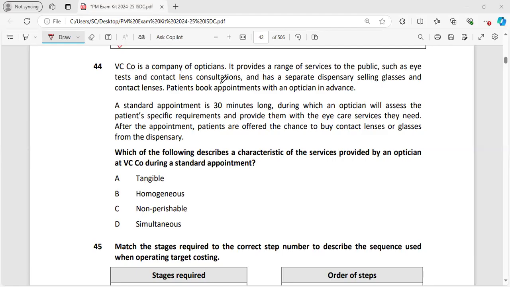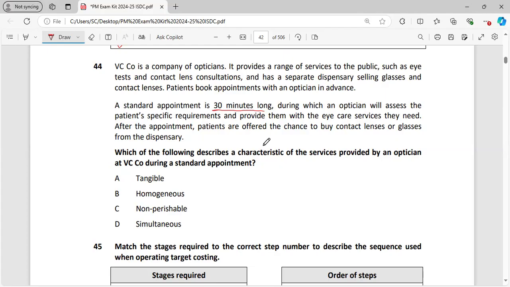VC company is a company of opticians. It provides a range of services to the public, such as eye tests and contact lens consultation, and has a separate dispensary selling glasses and contact lenses. Patients book appointments with an optician in advance. A standard appointment is 30 minutes long, during which an optician will assess the patient's specific requirements and provide them with the eye care services they need.